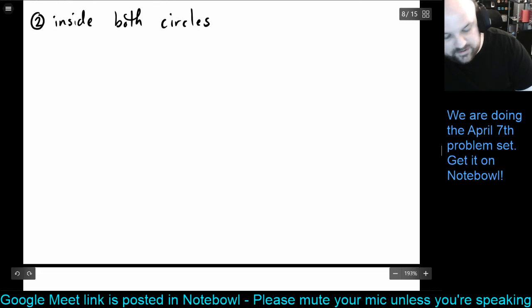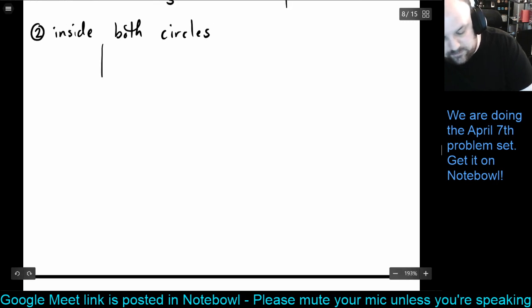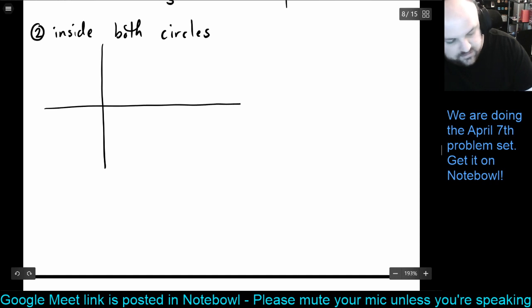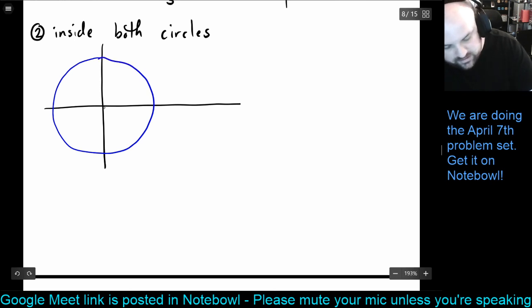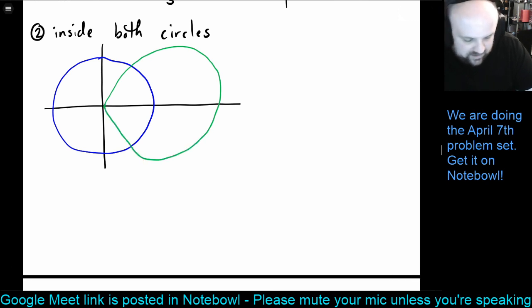All right. So I'm going to do just a rough sketch of these. The blue one was the circle, and that circle looks bigger and lopsided.